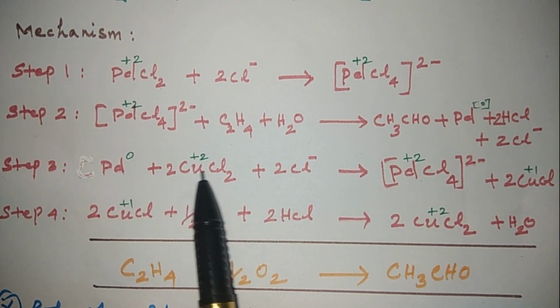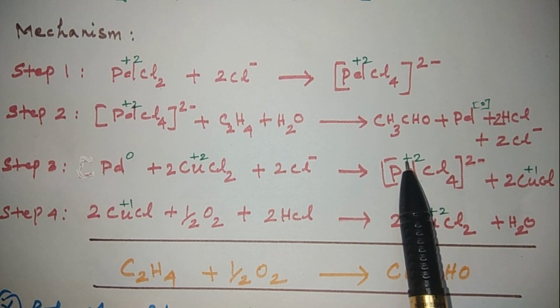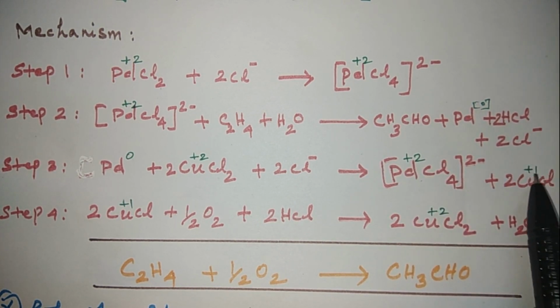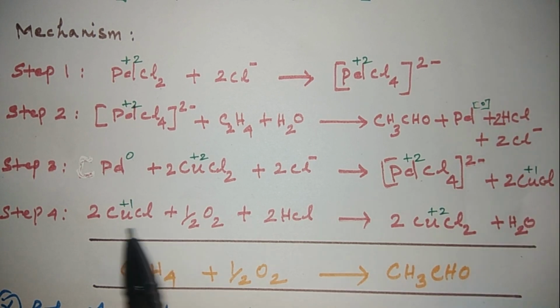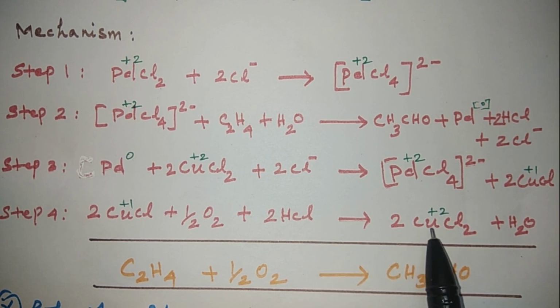In cupric chloride CuCl2, Cu has +2 oxidation state. On addition with the chloride ion it gives again palladium +2 oxidation state, and CuCl, in which Cu has +1 oxidation state. The +1 oxidation state CuCl, on addition of oxygen and hydrochloric acid, gives again Cu +2 oxidation state in CuCl2.